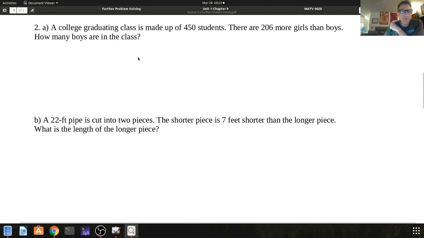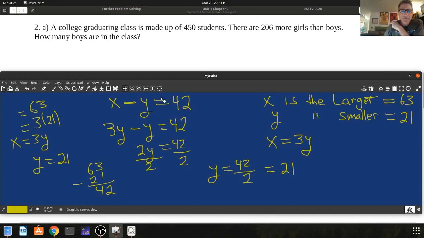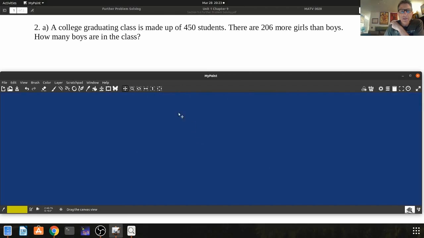So the next problem is a college graduating class is made up of 450 students. There are 206 more girls than boys. How many boys are in the class? So in this case, we'll let B stand for boys and G stand for girls.